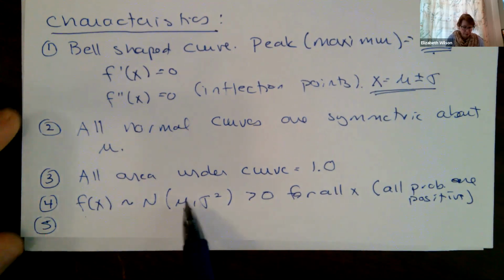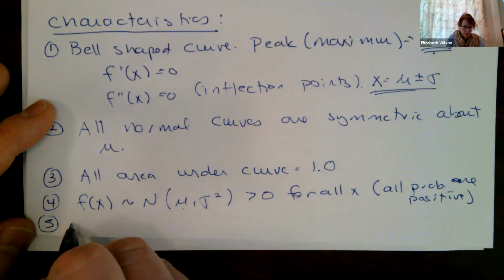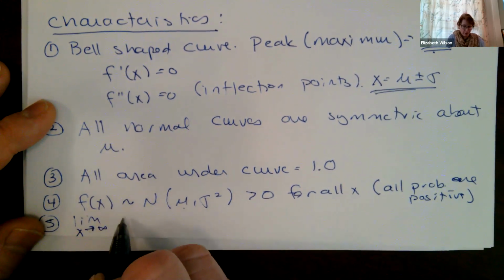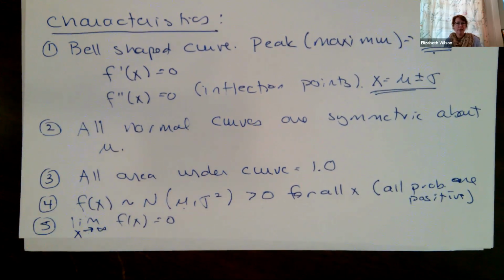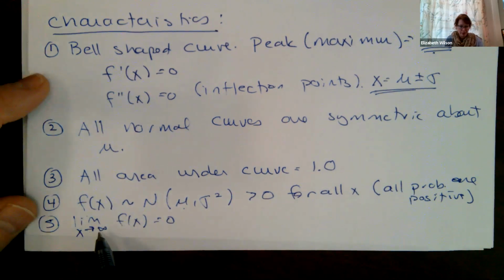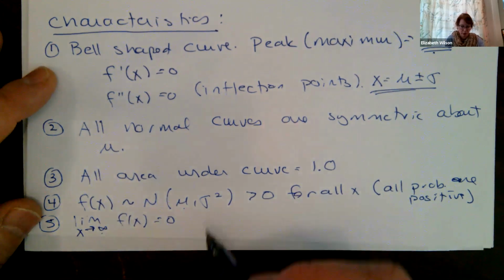Now we're going to say the limit as x goes to positive infinity of our function is equal to 0. This is just like saying it's asymptotic. As x goes out to positive infinity, my function asymptotes along the x-axis. As I go out towards infinity, this thing gets really, really close to 0.